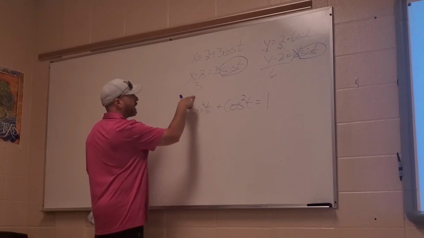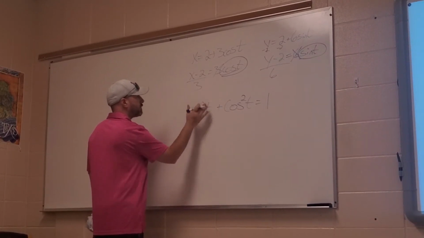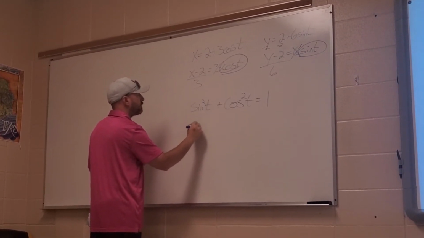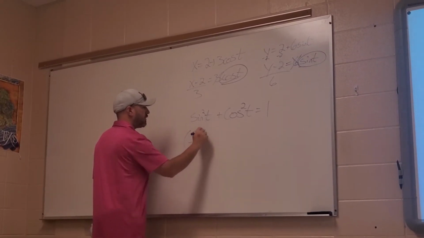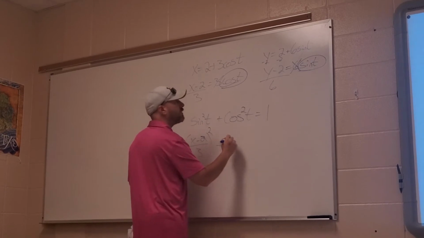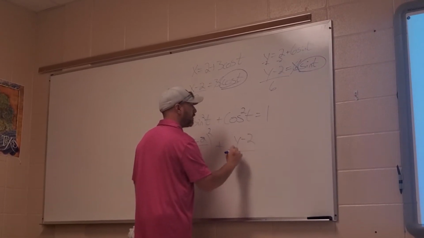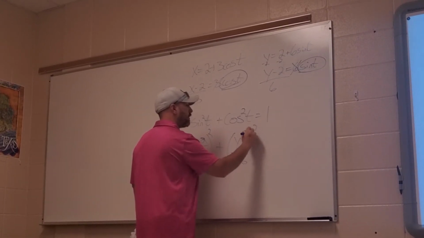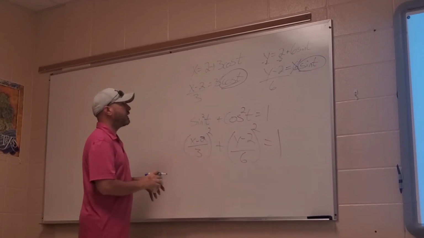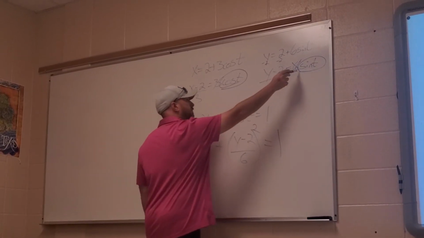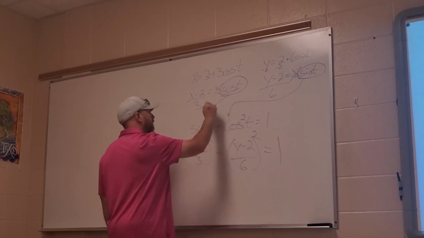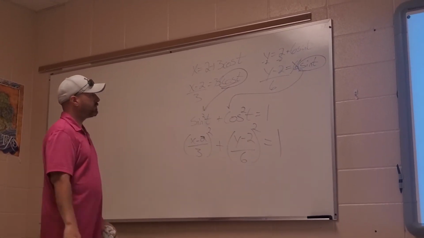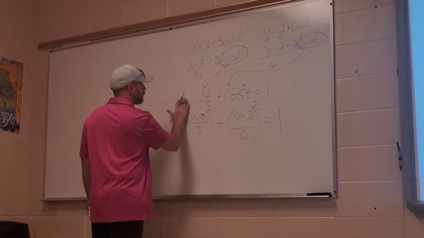So I'm going to write cosine squared first. It doesn't matter the order. So all I did was I just took this and put it right here and this right here. I flipped them. Yeah, I'll write them the other way.